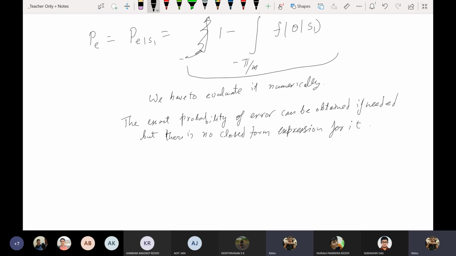MPSK is a simple constellation. Isn't MPSK a simple constellation? MPAM we did yesterday. We tried to find the bit error rate and the symbol error rate, and we can find the symbol error rate numerically if we have enough computation power.